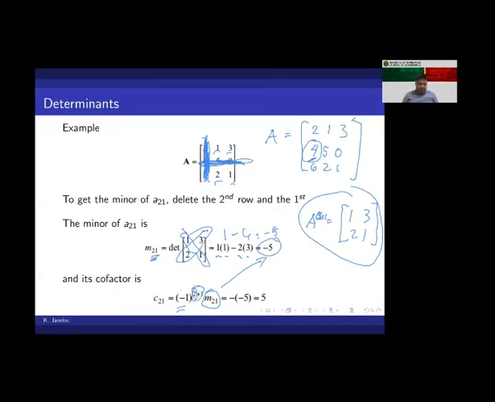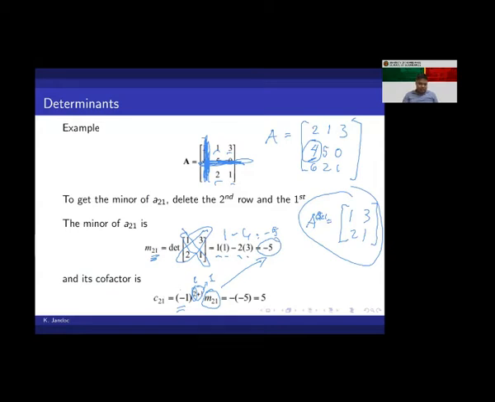Where does this 2 plus 1 come from? It comes from the row number, which is 2, and the column number, which is 1, of the entry it is associated with.